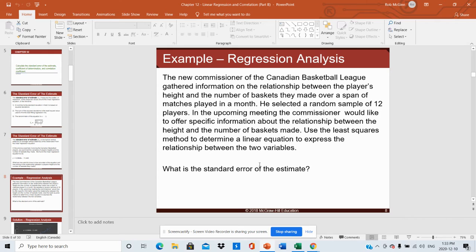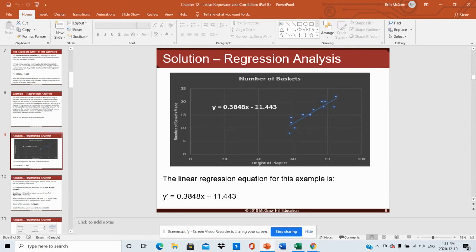So first up, we're going to use our Canadian Basketball League example, and we want to know what the standard error of the estimate is. We're going to do this in Excel, but remember our last class, we created a scatter diagram after figuring out that number of baskets made was our dependent variable and the height of the players was our independent variable.